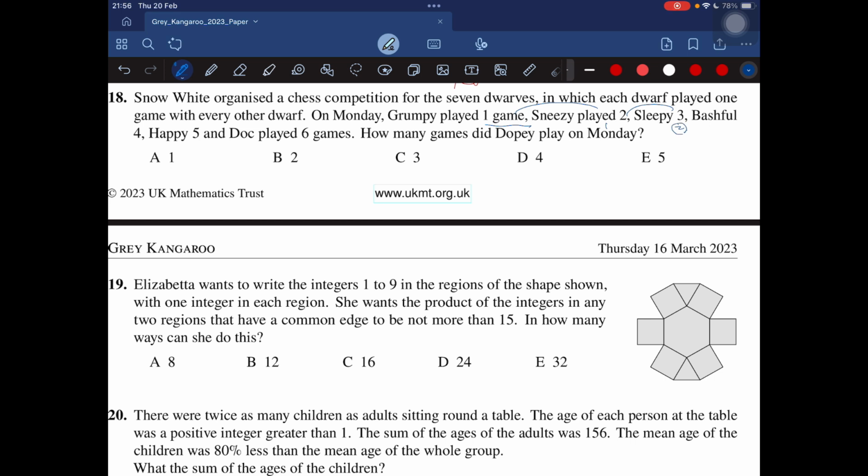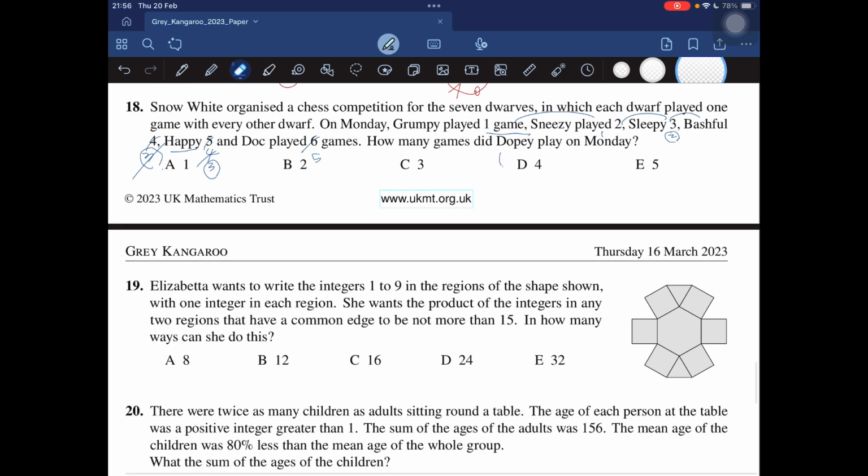Then he played with Bashful and Happy, let's say 3 and 4. And Bashful had 3 games, Happy, and Dopey, let's say. Then Happy needs to have 3 games. Oh, I cannot make it like this.